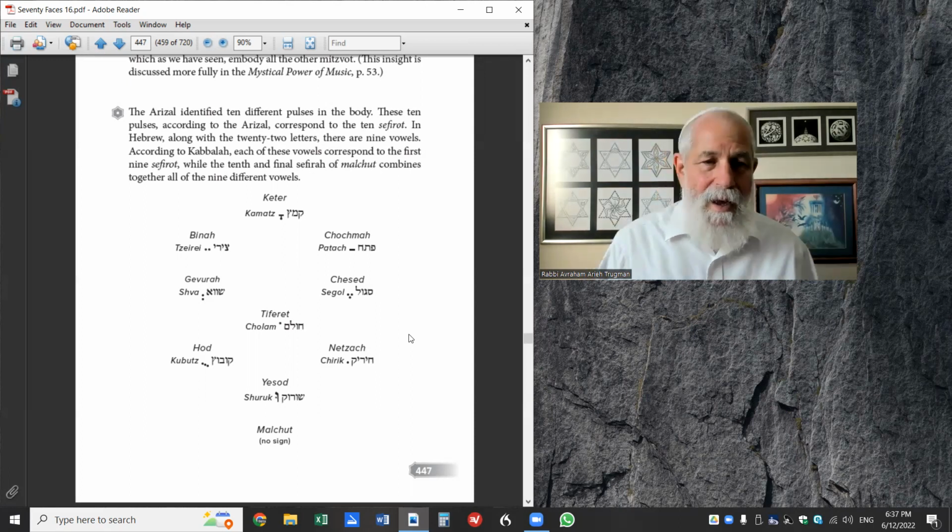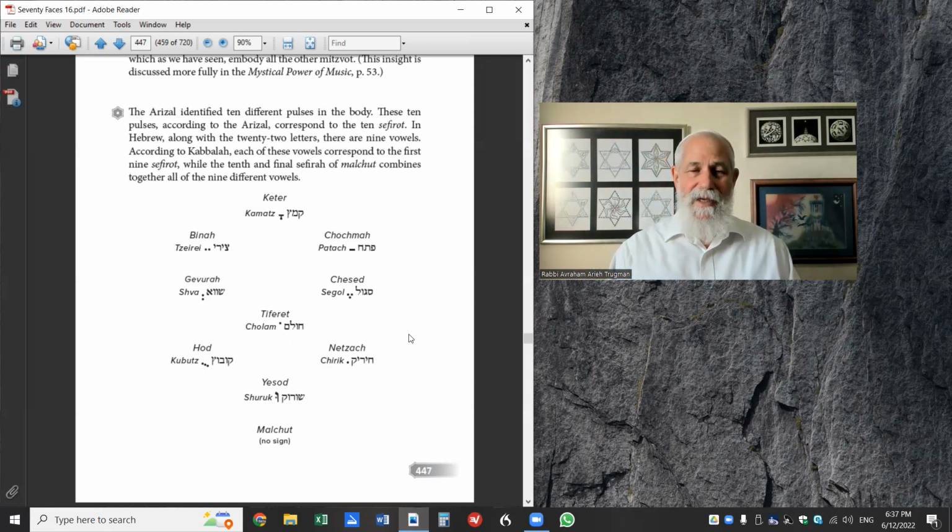So we didn't merit to hear from the Arizal exactly how to translate the sounds of the shofar according to the vowels and the Sefirot. But nonetheless, just knowing that the sounds of the shofar connect us to a divine, it's hard even to explain, energy, a divine message, a divine code.